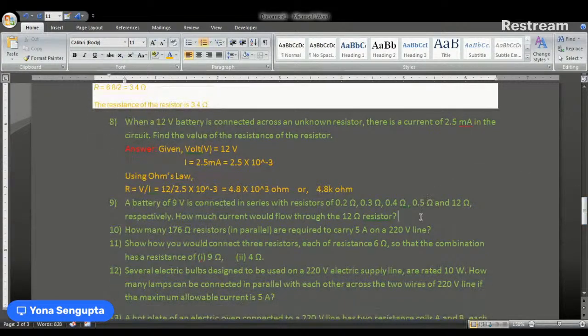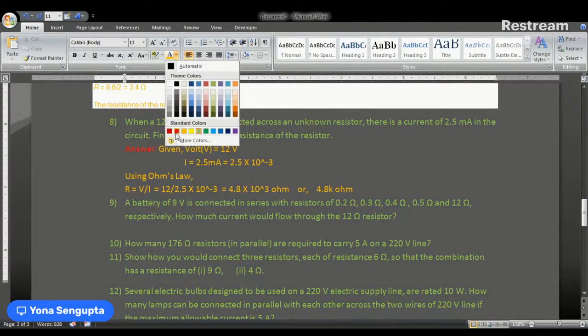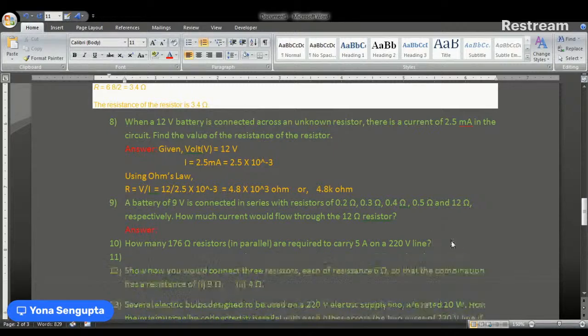Next, we come to number 9. Now, number 9, what does it say? Number 9 says a battery of 9 volt is connected in series with resistors of 0.2 ohm, 0.3 ohm, 0.4 ohm, 0.5 ohm, and 12 ohm respectively.